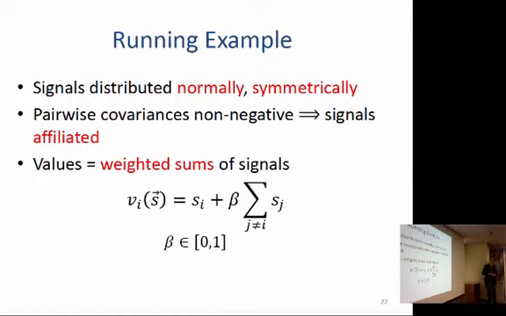And then the values are going to be, in this example, just a weighted sum of the signals. So the value of bidder i is going to be the sum of his signal plus some weighted sum of the other signals. So as you can see, if beta here is 0, then the value of bidder i is just his own signal. He only cares about his own opinion. If beta is 1, he gives equal weight to all of the opinions of the bidders.